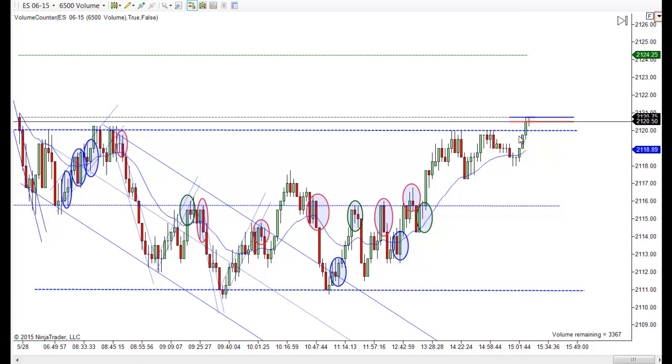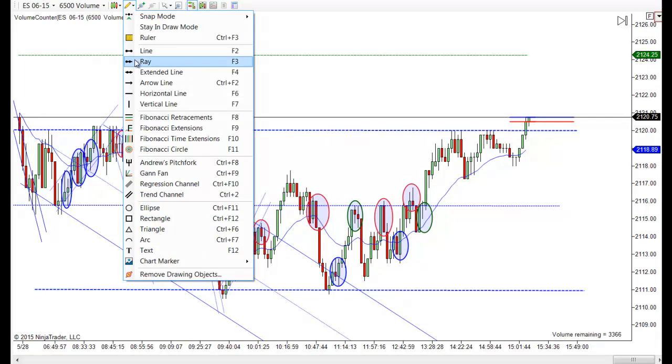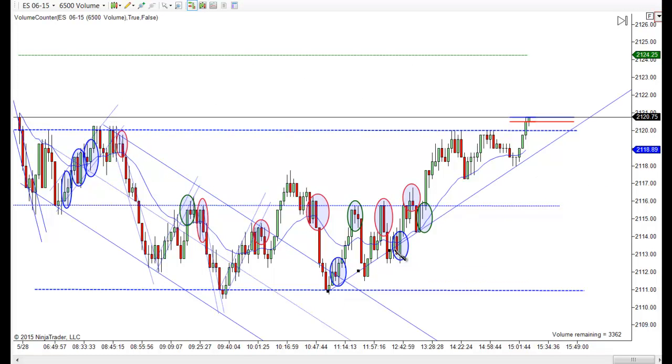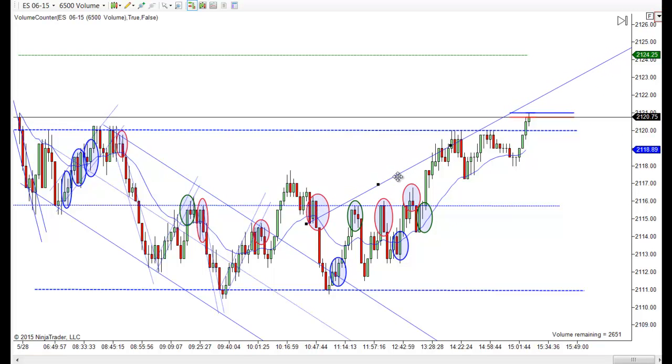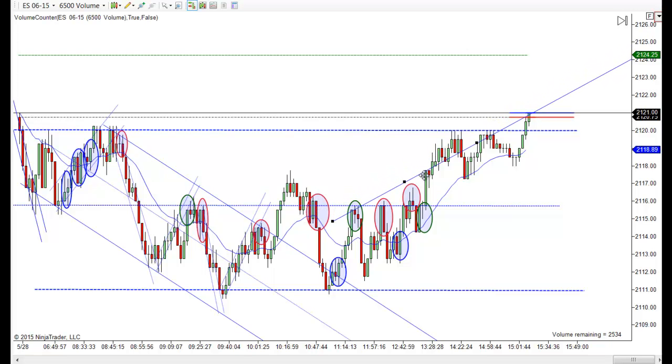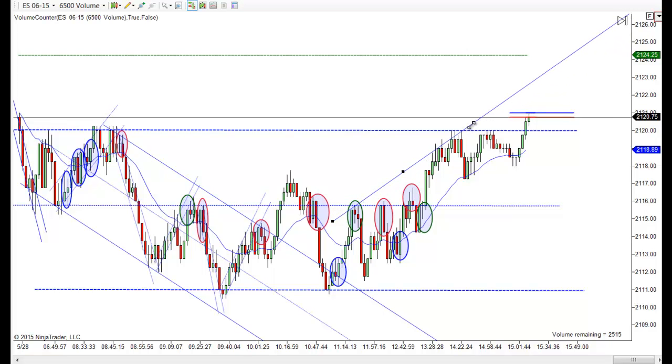And look, we've even broken higher now, and I don't have it on here, but I'm sure there's a trend line down here. See how it fits like that.